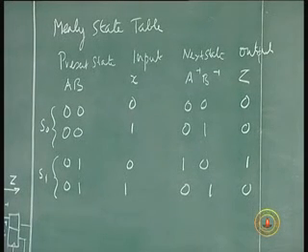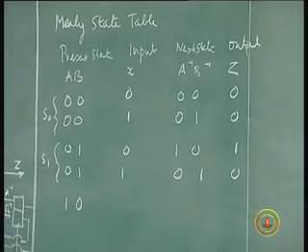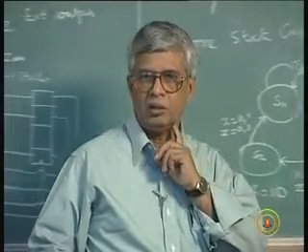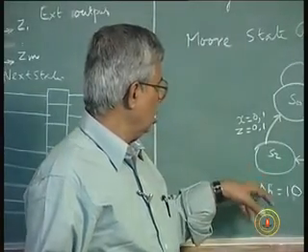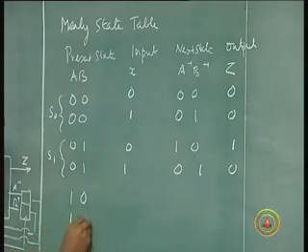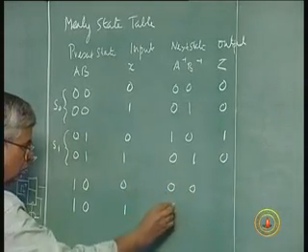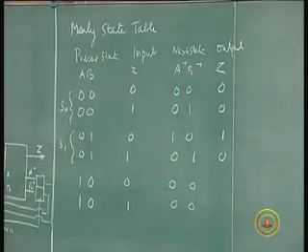Finally, the state is S2, the third state in which the circuit can exist. The state variables are 1 and 0. In 1, 0, whether x is 0 or 1, I will have to put separately 0, 1. Both times it goes to 0, 0 as the next state.